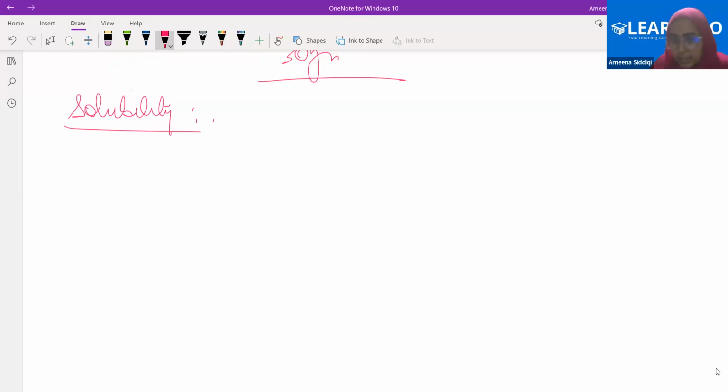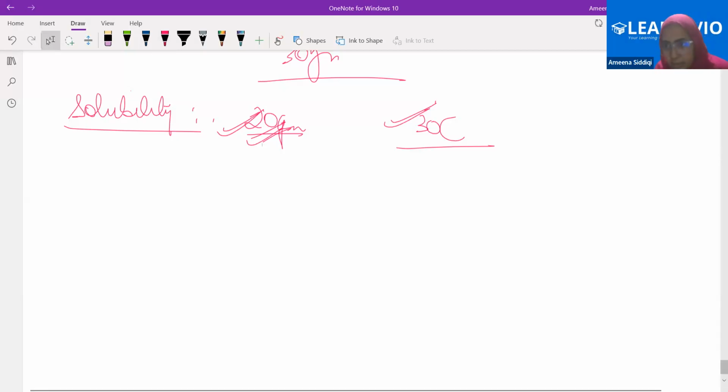As in case, let's say 20 grams of salt is enough to make 100 ml of water saturated at 30 degrees Celsius. So this is the solubility of water at this temperature. But if I change the temperature, the solubility will also change. I hope you're getting it.